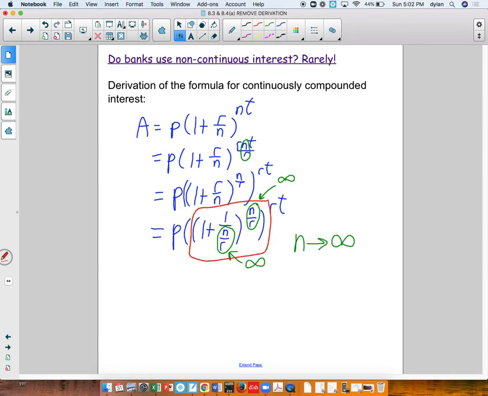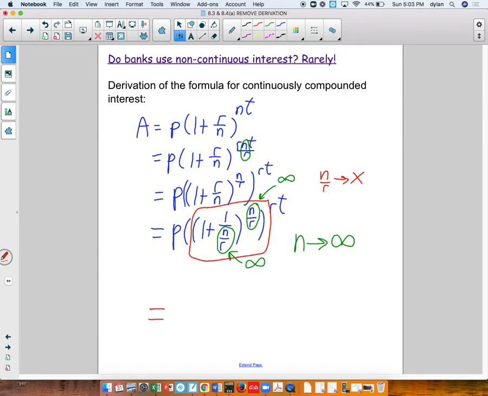If we imagine that n over r is our x value, then we have 1 plus 1 over x raised to the x. And if we make n approach infinity, in other words, we're compounding continuously, because remember that n is the number of times we're compounding per year, everything that's in that red box right now is just the equivalent of e.